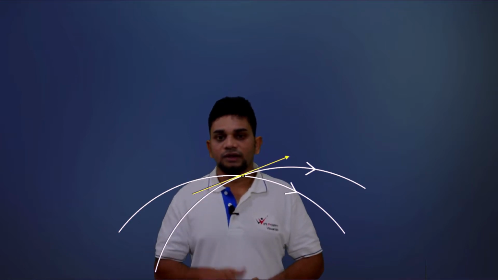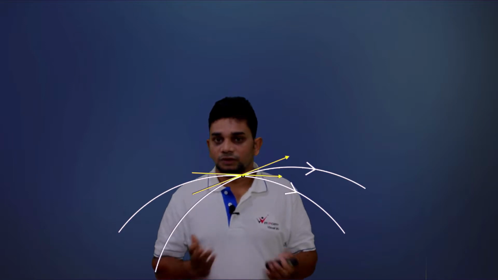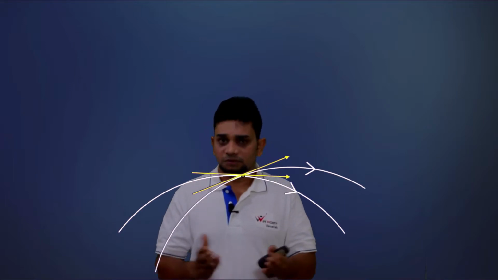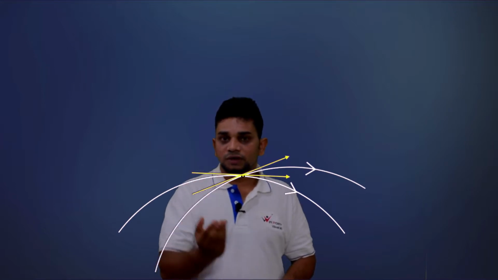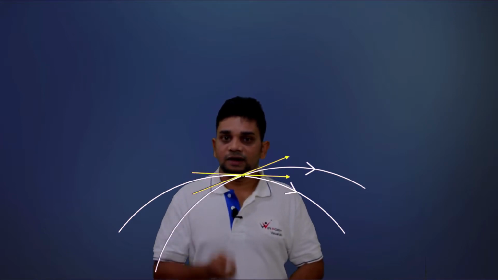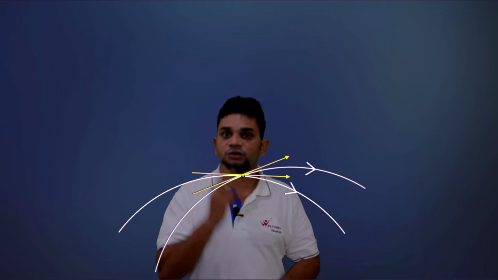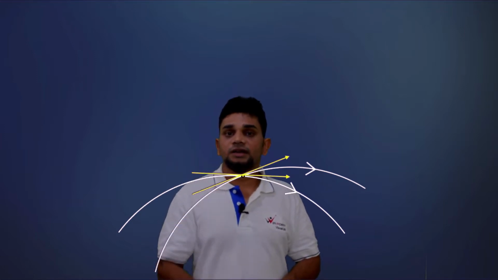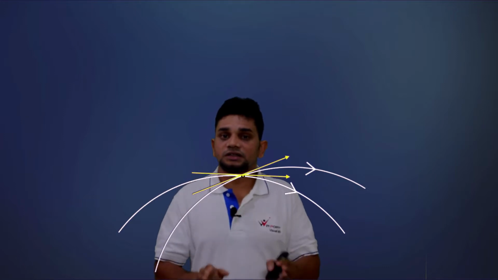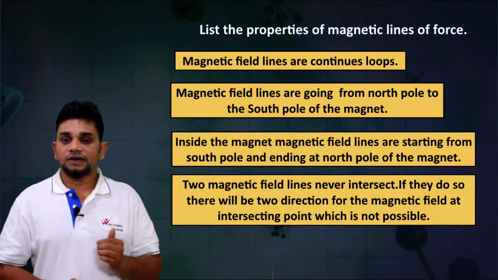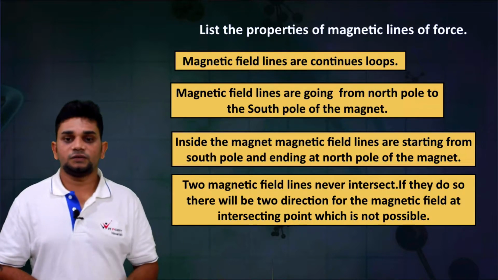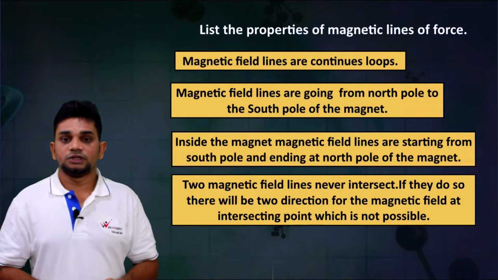Tangent number 1 and tangent number 2, which means there are two directions for the magnetic field at the intersecting point, which is not possible. So two magnetic field lines are not going to intersect each other. That's the next point. Two magnetic field lines never intersect each other. If they do so, there will be two directions for the magnetic field at the intersecting point, which is not possible.